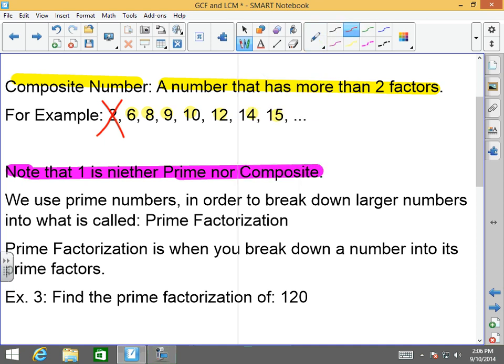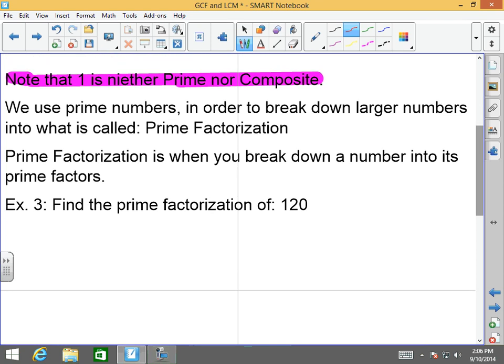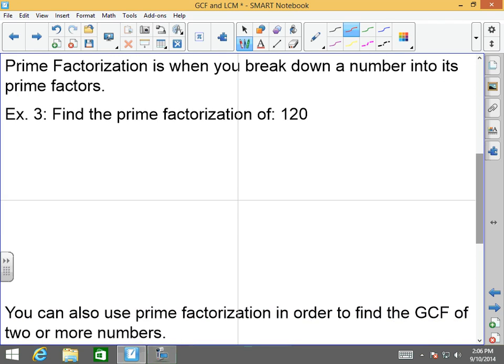Now, we use prime numbers in order to break down larger numbers into what is called prime factorization. Prime factorization is when you break down a number into its prime factors. For example, find the prime factorization of 120.